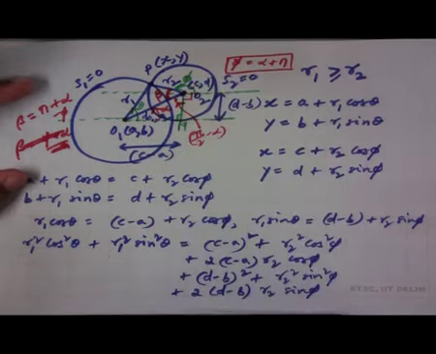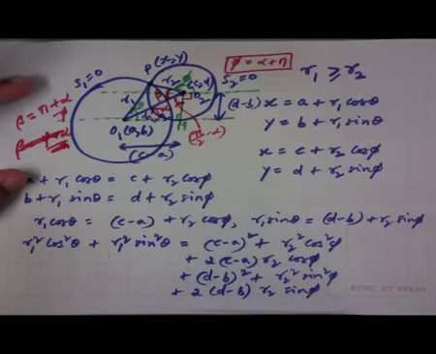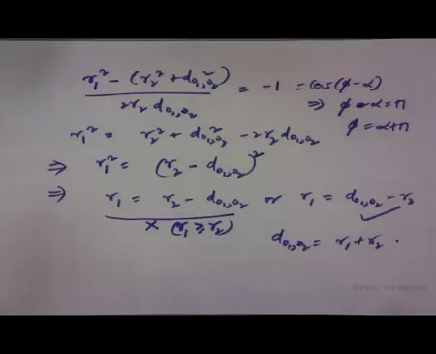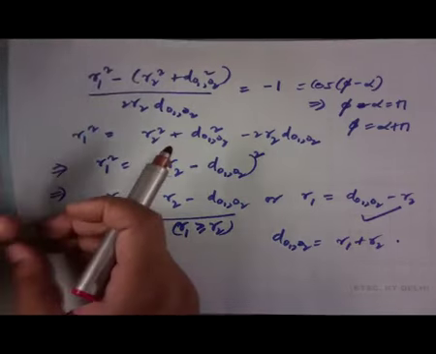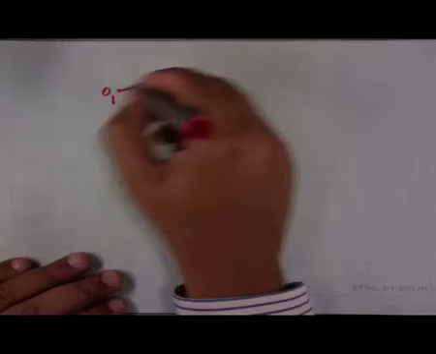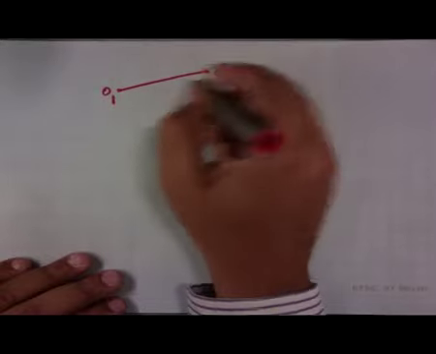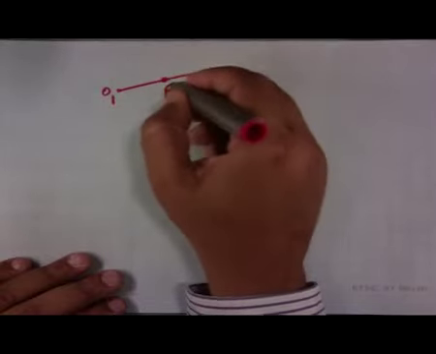And in that case, what this condition basically means is that we have O1 as the center of the first circle and we have O2 as the center of the second circle, and the point where they touch each other.